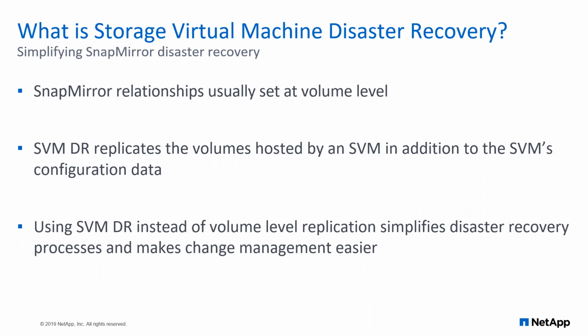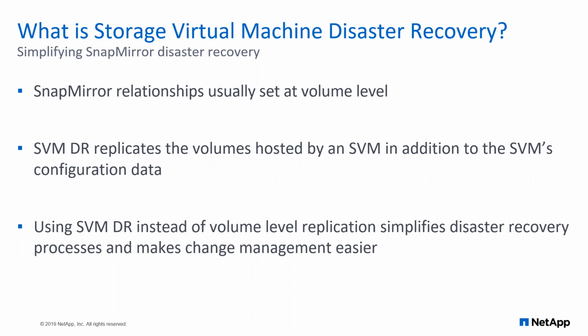And then, of course, if you're not using SVMDR and you make a configuration change on the source SVM that you want to carry over to the destination side, you're going to have to make that change manually because volume level SnapMirror replication isn't going to cover that for you. So in a nutshell, SVMDR just makes managing your SnapMirror disaster recovery process a little bit simpler.